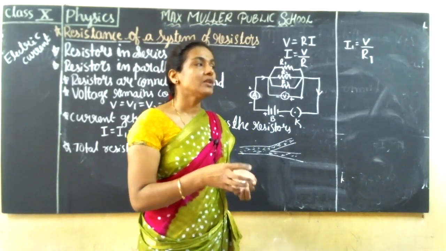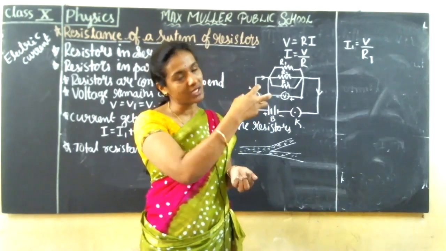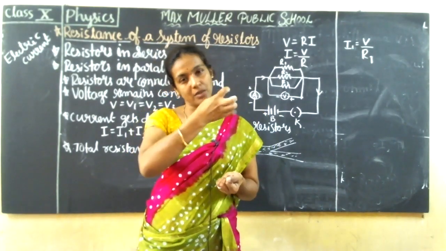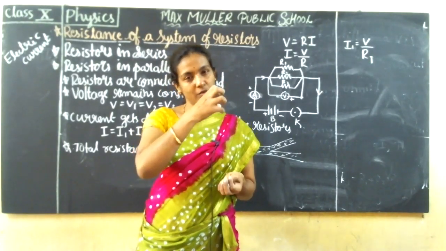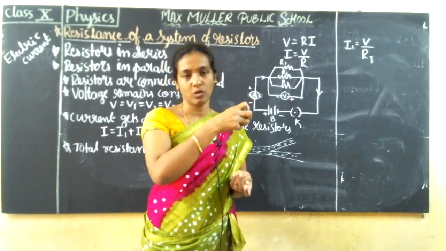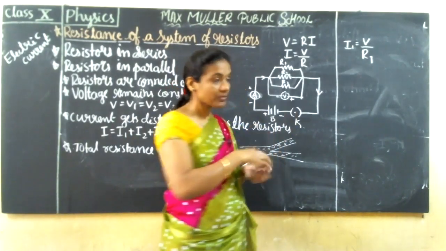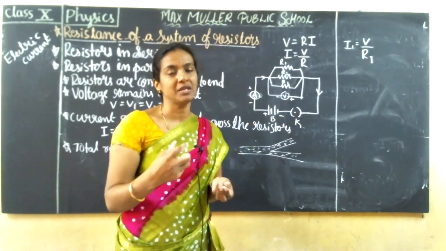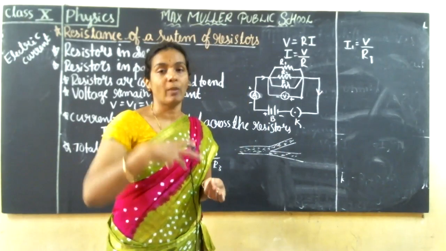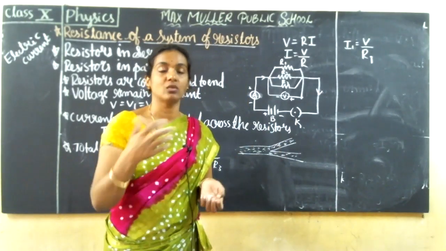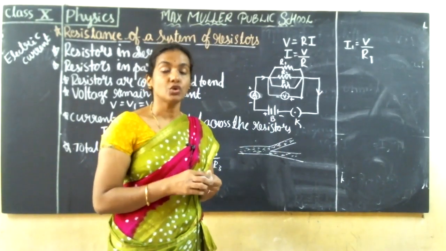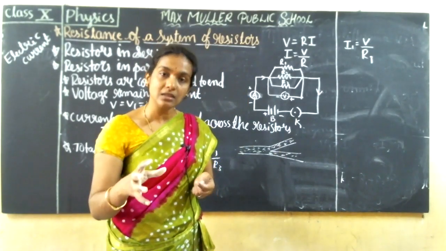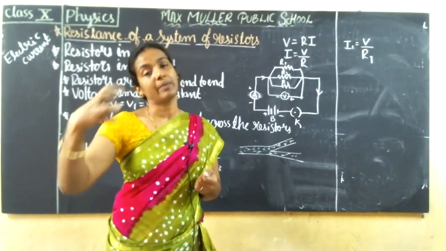From only one wire you are taking current, drawing current through the wire from the switchboard, and once it comes to the gang box, from there you are connecting your mobile, your TV, your fan, this, that and all, right? So you are going to supply current to all the instruments.